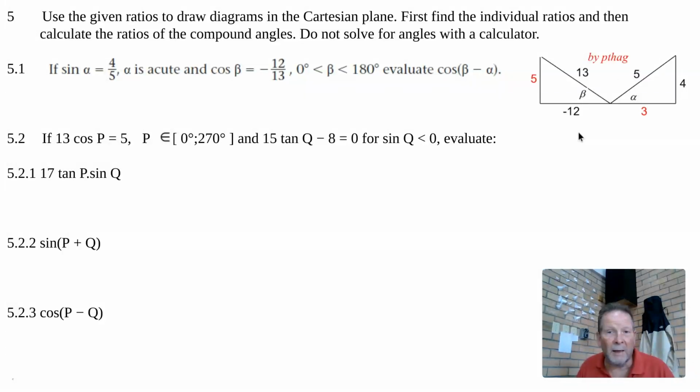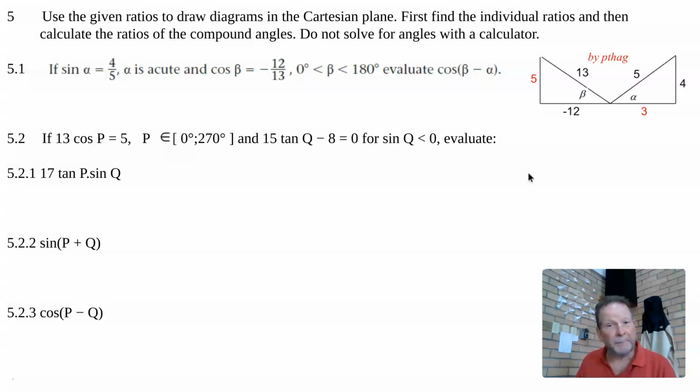On the other side, I know that the cosine is adjacent over hypotenuse, negative 12/13. Hey, sine is positive here, and 13 squared minus 12 squared and square root it, you get 5. So now I know the opposite side of the triangle where beta is. The actual angle of beta is there, but the reference angle of beta is right there.